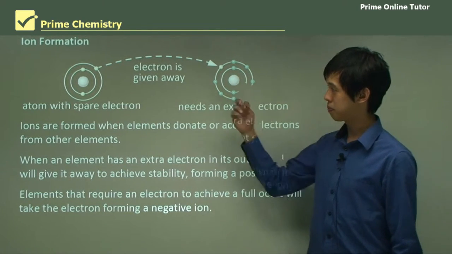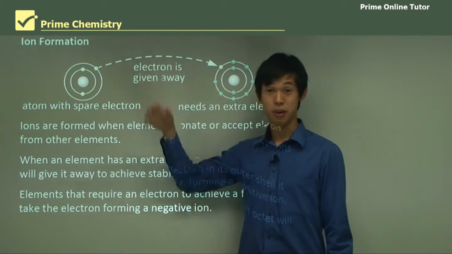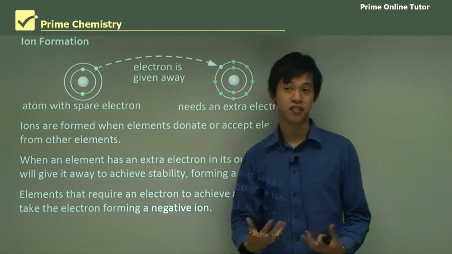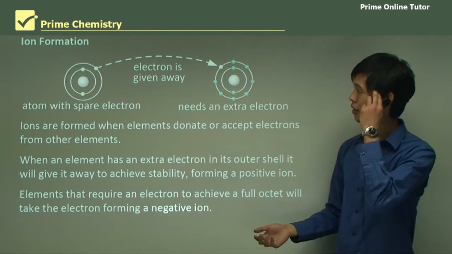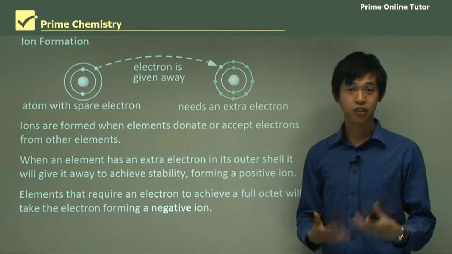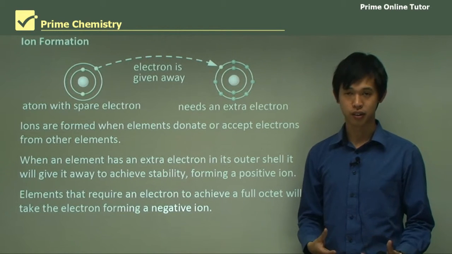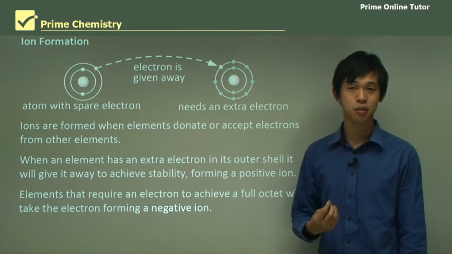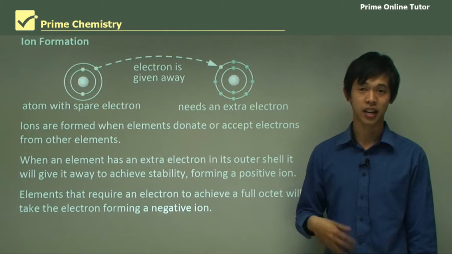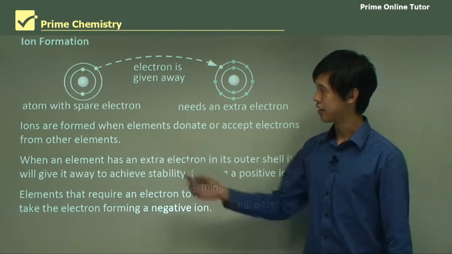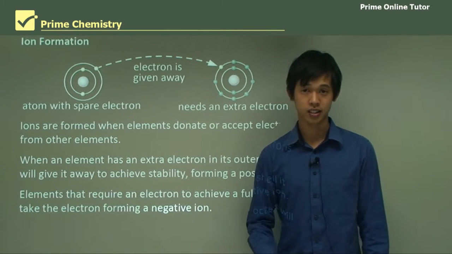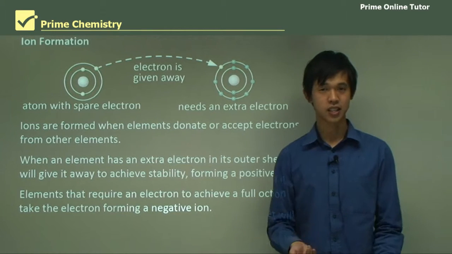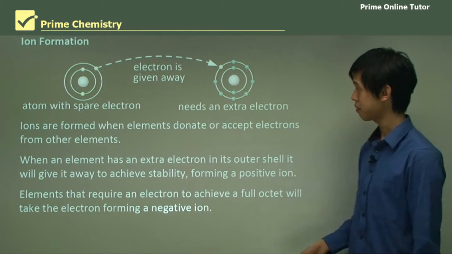So sometimes it may be just easier to trick itself into thinking that it's got a full outer shell by getting rid of its outermost shell. Okay? So in natural science, or in chemical physics and things like that, often what happens is the easiest path is usually the one that happens. Getting 7 electrons from somewhere is difficult, but getting rid of 1 electron is very easy. So the easy path is usually the correct one.